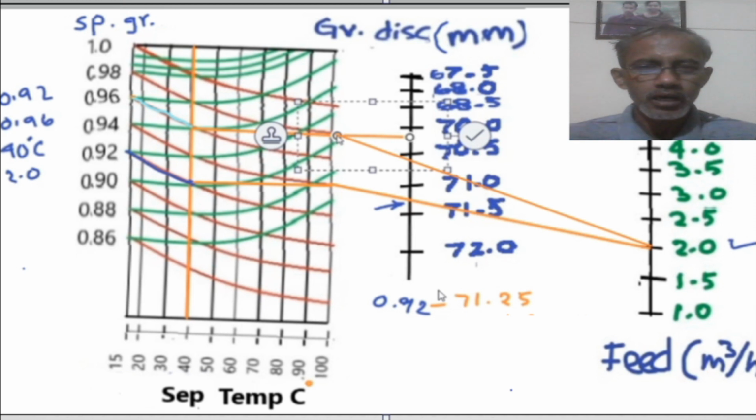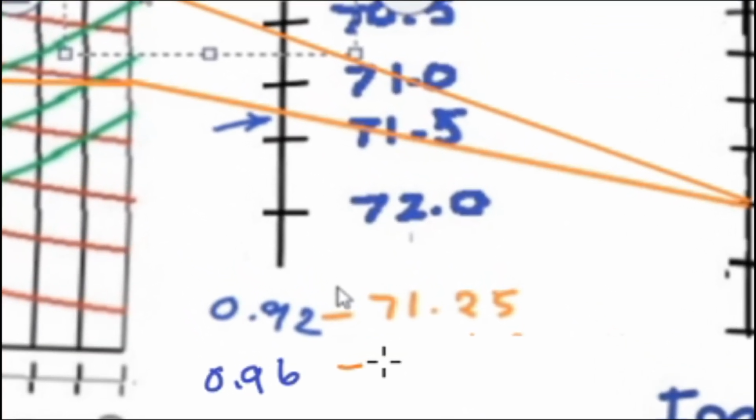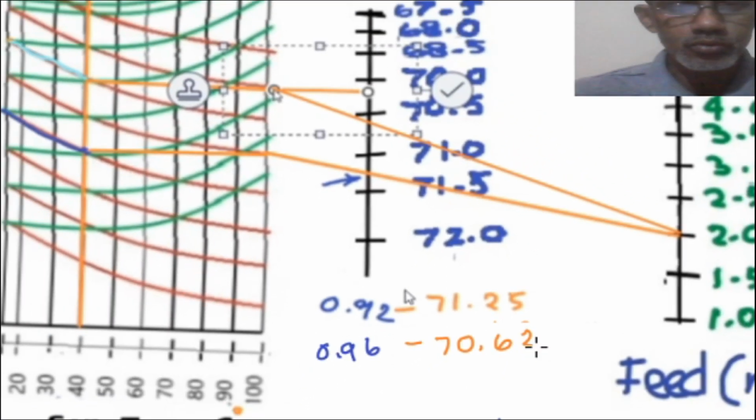Well, after having drawn this final line, we can see the size of the gravity disk matching the specific gravity of 0.96. Gravity disk size is 70.62.